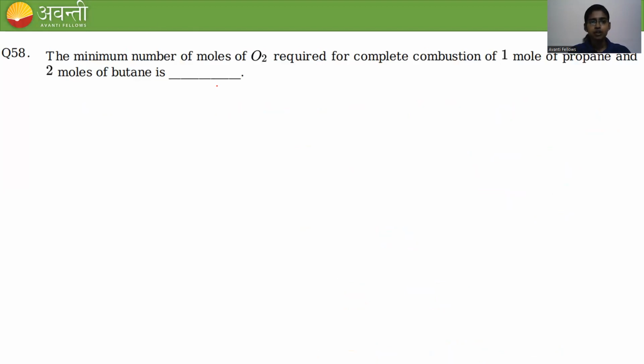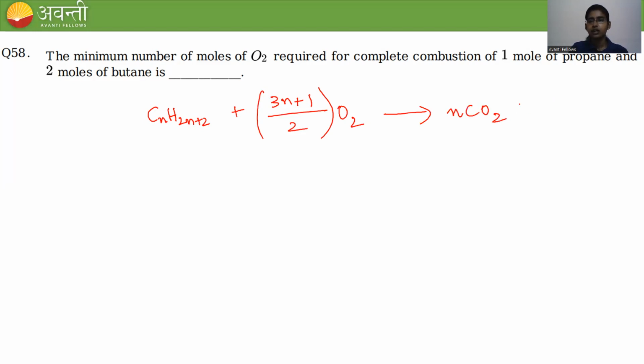The minimum number of moles of O2 required for complete combustion of 1 mole of propane and 2 moles of butane. So what is the general reaction for combustion? It is CnH2n+2 plus (3n+1)/2 moles of oxygen gives n moles of carbon dioxide plus (n+1) moles of water.